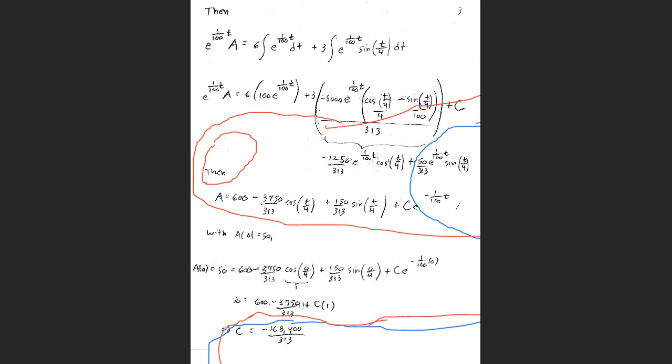Apply the initial condition to this equation so you can solve for C. And C will equal negative 168,400 divided by 313. And then I'll show you the final answer on the next page, but I want to make sure you're all caught up okay.